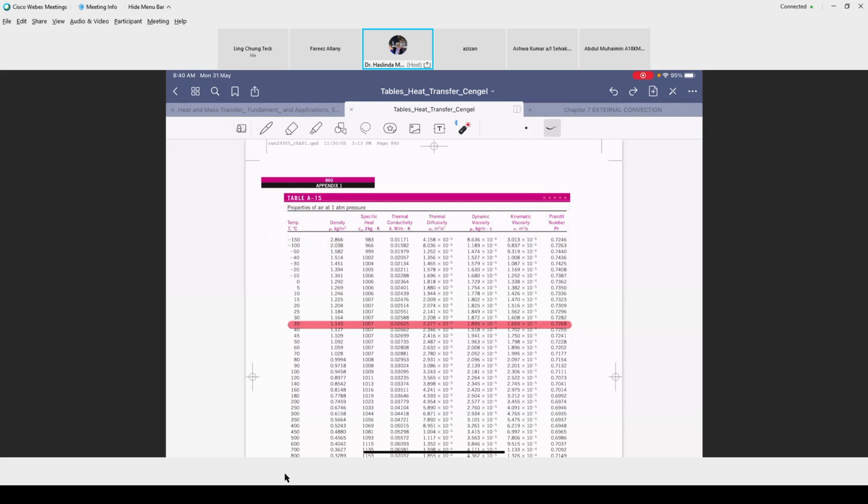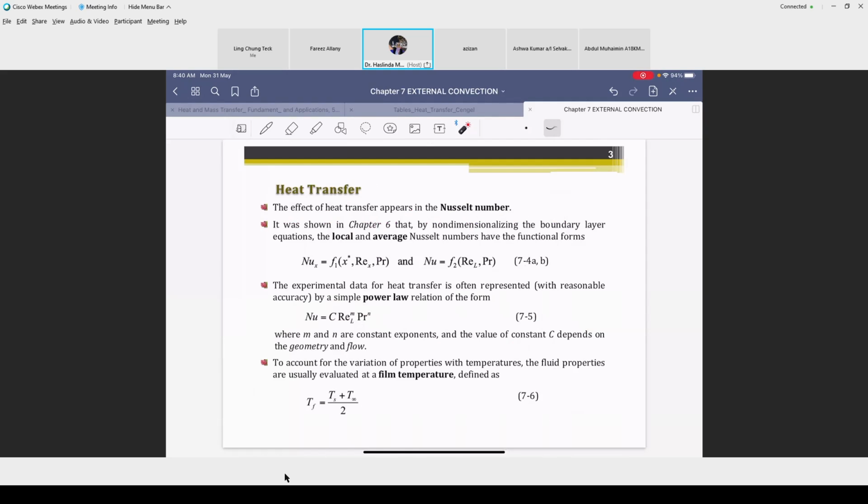If you don't have the reference value, which one do you select? So in this chapter we will use film temperature as our reference value to find our fluid properties or thermal properties of our fluid.